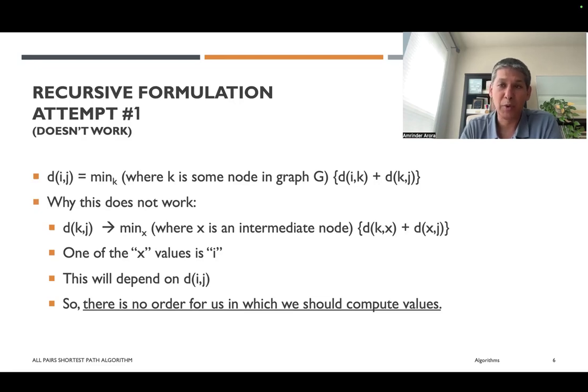So you're trying to compute Dij in terms of Dik. For Dik, you again need Dij. So that's your infinite loop there. Essentially it does not impose a good enough ordering in which we should compute these values. Even though it's intuitive, it's not clear which ones will get computed first.